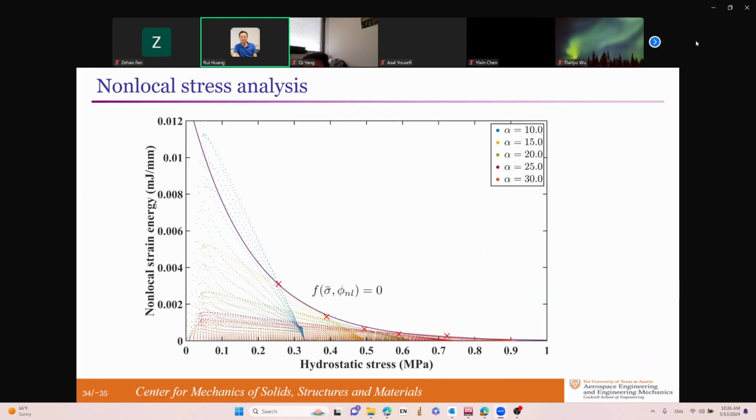Since I don't have enough time, I will just say we did a stress analysis of this and found that if you reach a critical state as a combination of hydrostatic stress and shear energy, you find a criterion for nucleation. I'll refer you to later discussions for details of that.